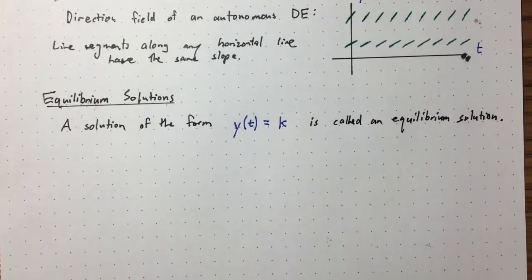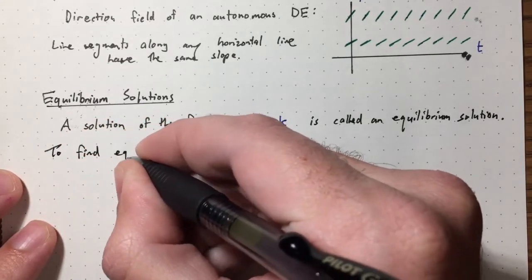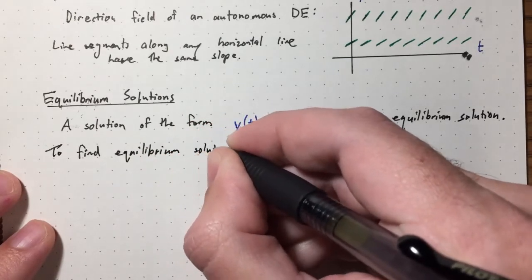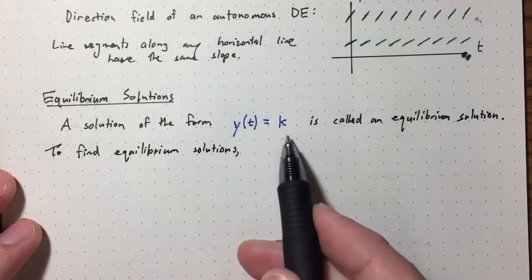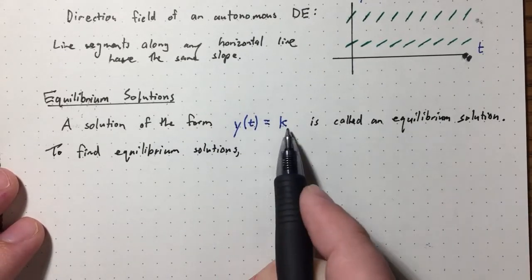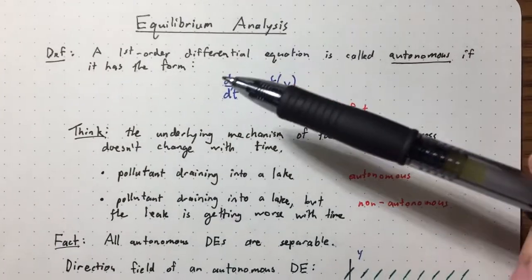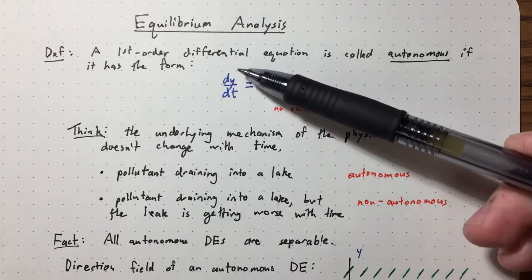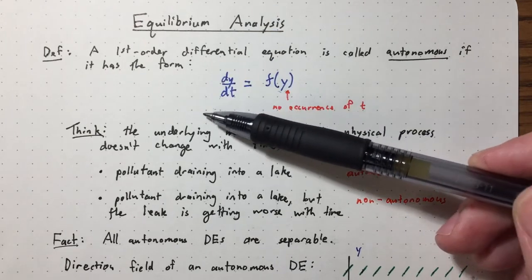So the first thing we should do is talk about how you find equilibrium solutions. Well, let's think about it. Let's see if we can deduce it. Equilibrium solutions are constant solutions. What is the derivative of a constant? A derivative of a constant is just zero, right? So if we have an equilibrium solution, we should be getting the zero function on this side over here.